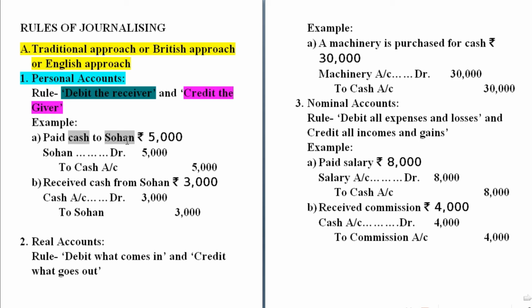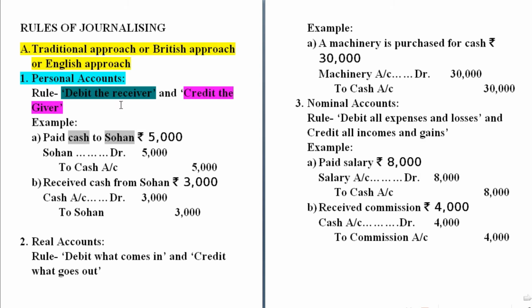Here you don't have to write your name, because you cannot write your name when you are making the account of your own business. Nowhere can it be your name. Always remember this. So the two accounts affected are cash, which you are taking from your business, and Sohan.